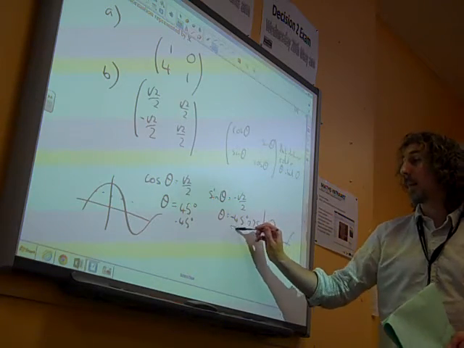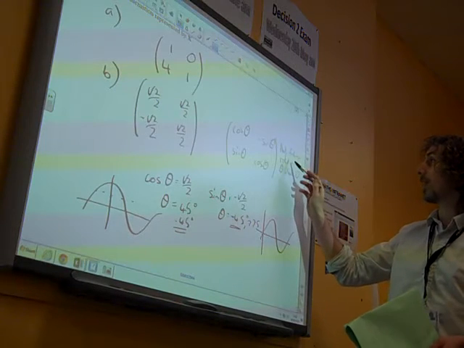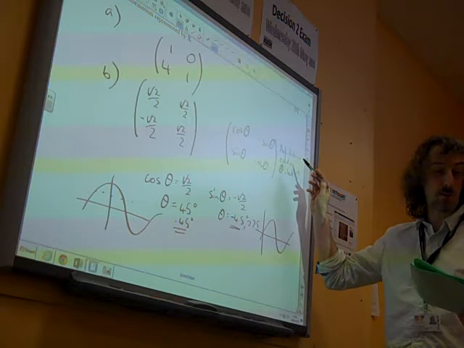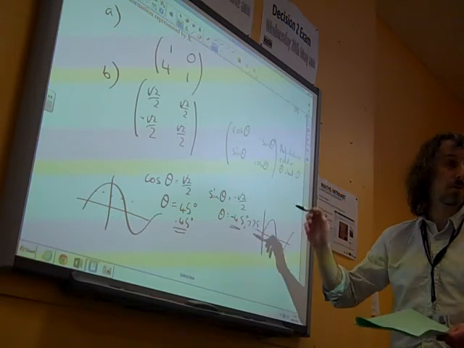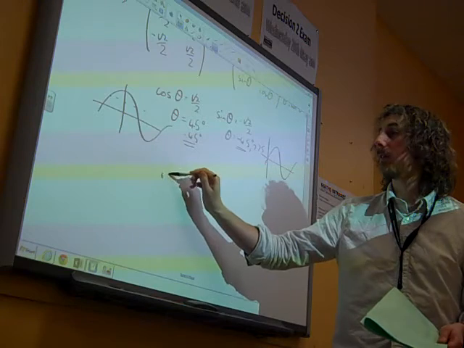So actually it's the minus 45 that's true for both of them. So this is 45 degrees. If this tells us an anti-clockwise rotation, we must be looking at 45 degree clockwise rotation in order for that to be true.